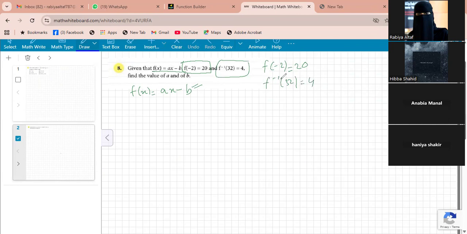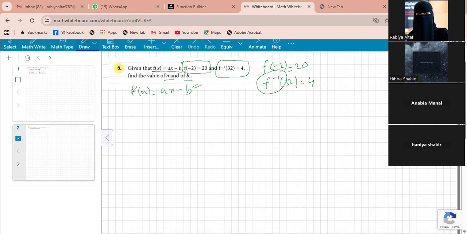But since f inverse is given in this question, it means first we need to find its inverse function. By using the same steps, after finding the inverse, we are going to substitute these values and then solve for finding the value of a and b. The question is, you need to find the value of a and the value of b.